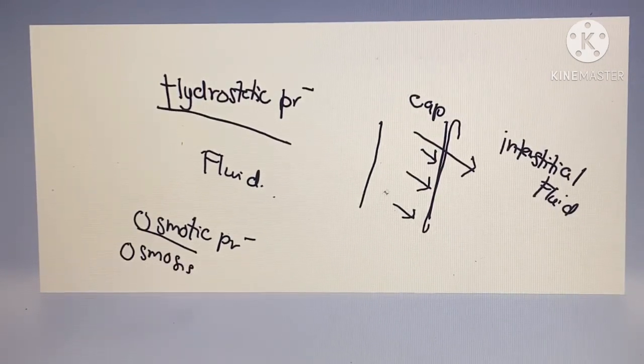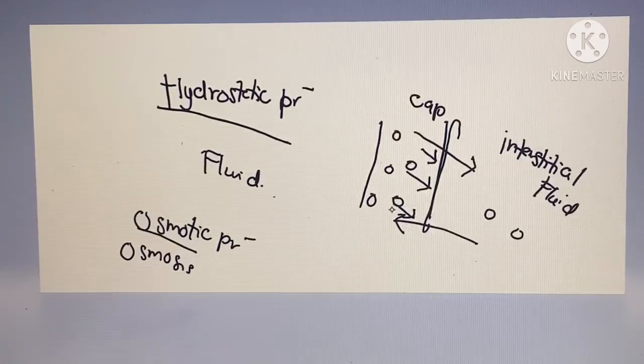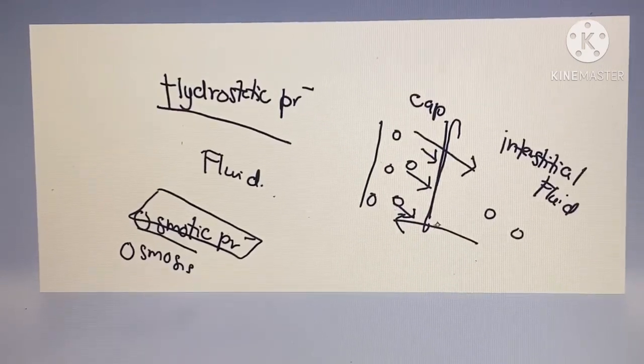As we know, the plasma in the capillary has a lot of solute, so the interstitial has lower solute compared to the capillary. So now the water will move from the interstitial into the capillary. So osmotic pressure is about the force to stop osmosis from occurring, right?